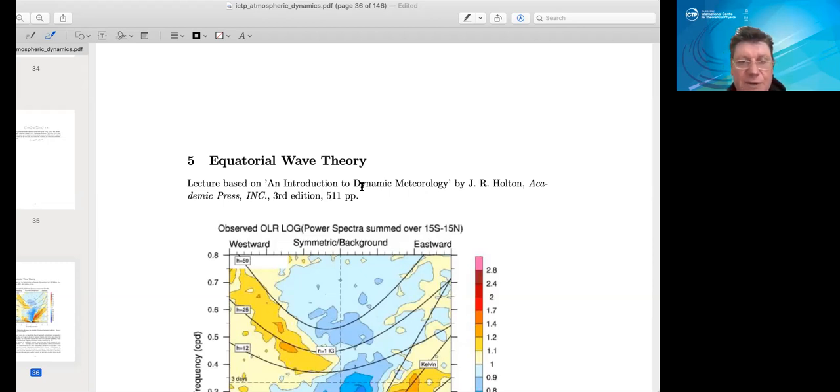So for example, for the equatorial wave theory that we will discuss on Wednesday, we will assume again that we have the shallow water equations, barotropic shallow water equations, in order to derive the simplest way of equatorial wave theory. And this is completely, in principle, completely wrong, because the tropical regions are regions where our velocities strongly change with height.